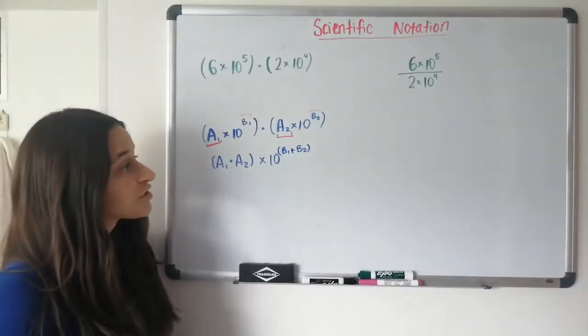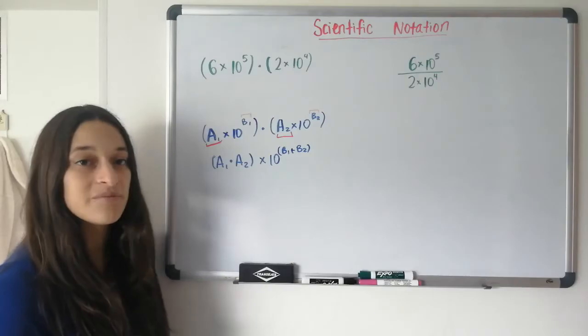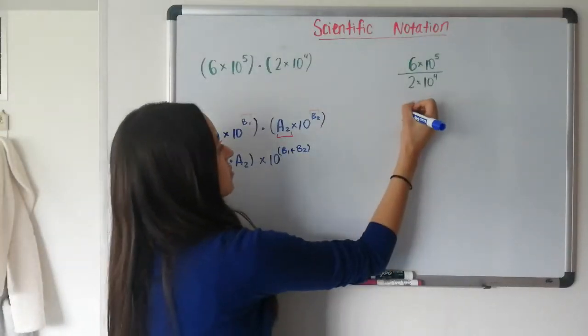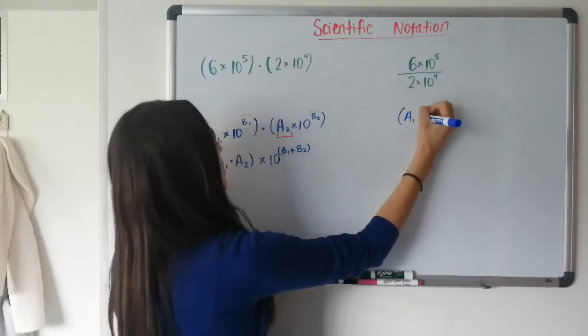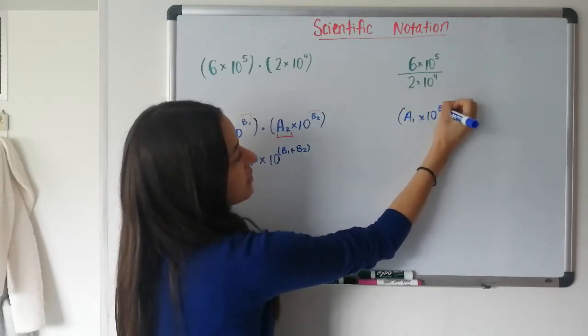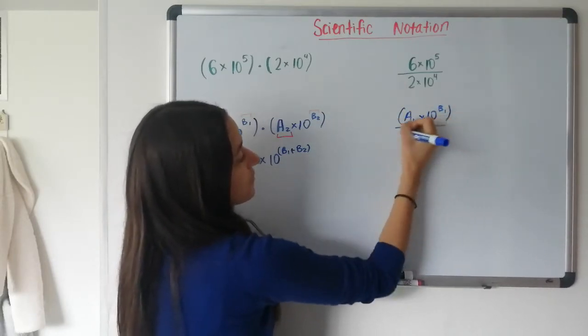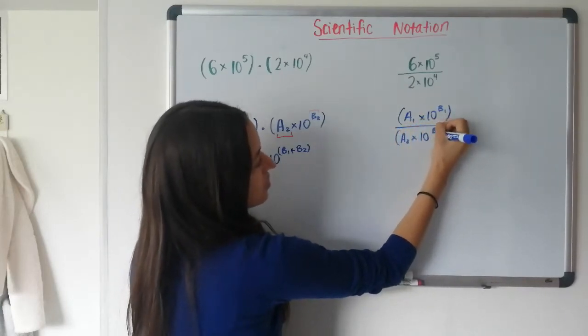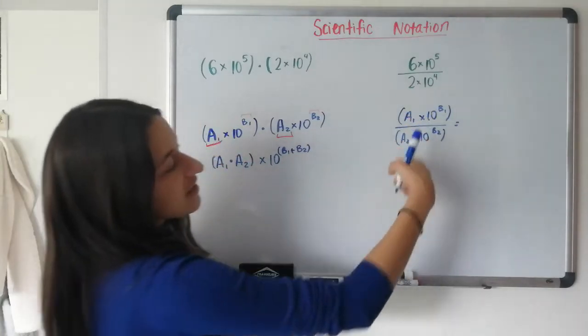For division, it's basically the same thing, but subtracting instead of adding. So our example would be A1 times 10 to the B1 over A2 times 10 to the B2. Again, the only thing we divide is the A's.